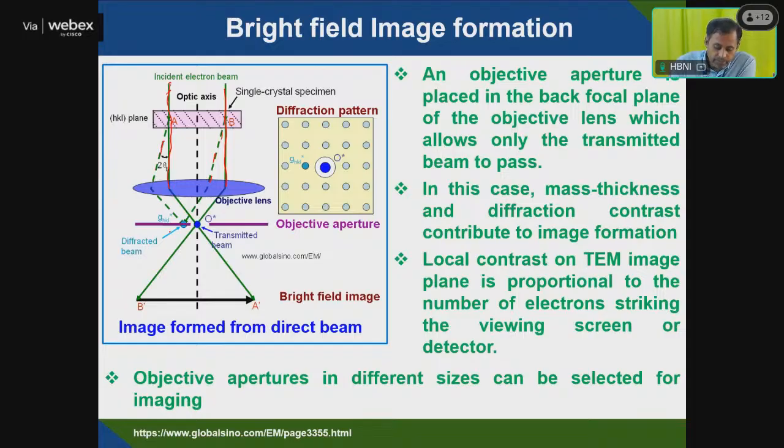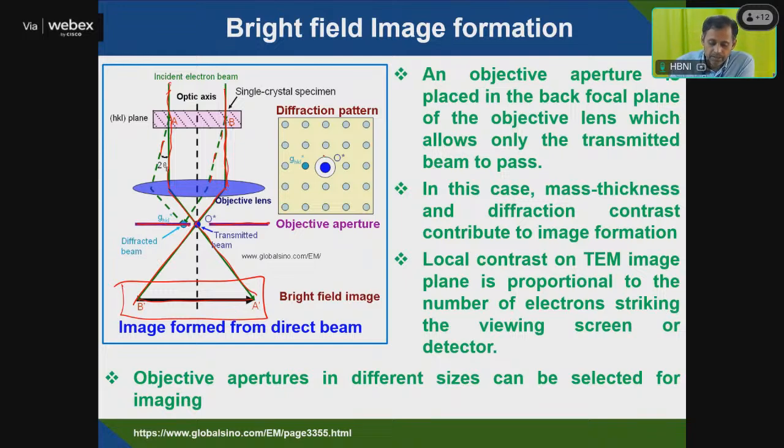The diffracted beam is stopped here by the objective aperture. Only the direct beam, coming directly after interacting, passes through the small hole in the objective aperture and falls on the photographic film to get the image. So this is the bright field image.